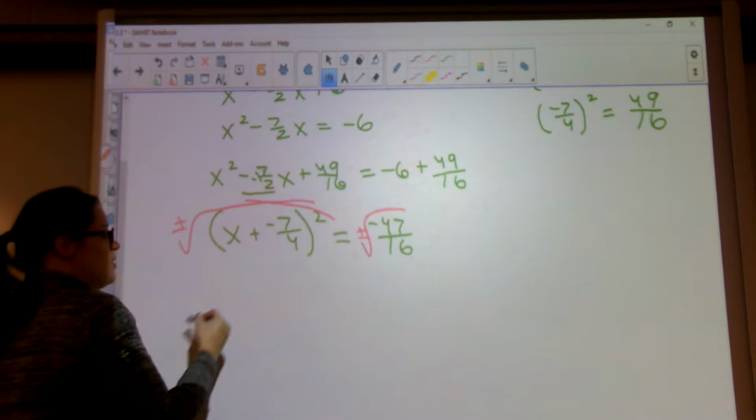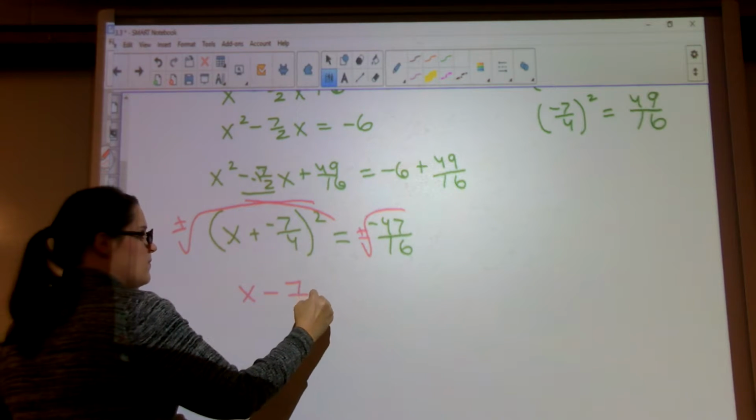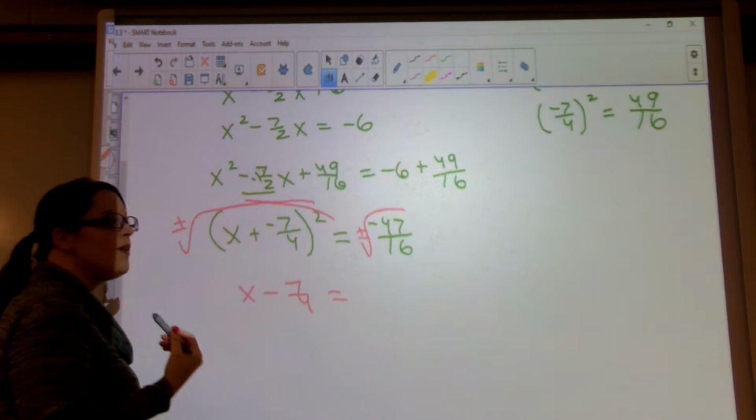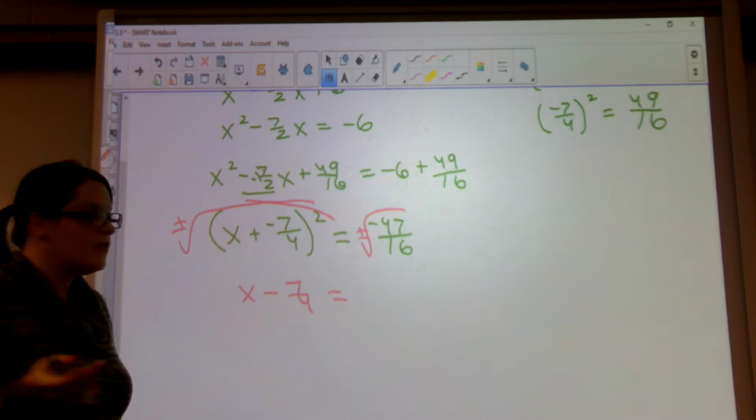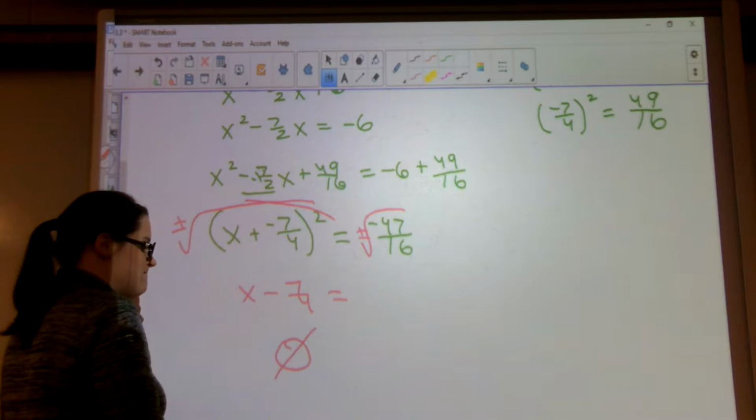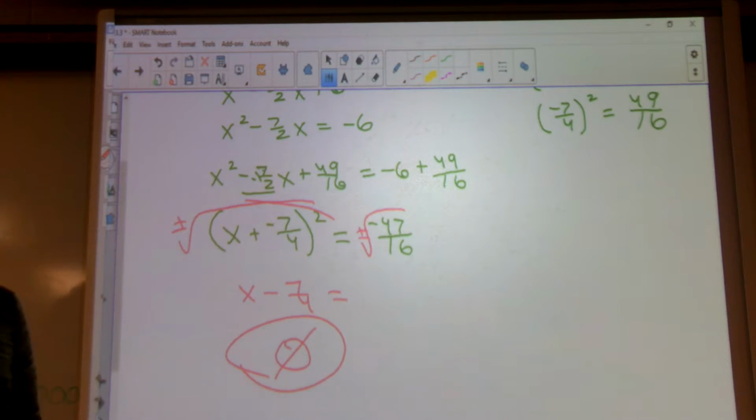Square and square root undo each other. Hold up. There's a negative in the square root. All that work for no solution. I know. Questions?